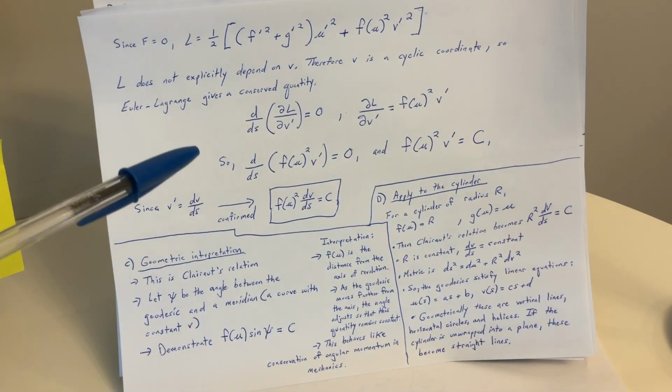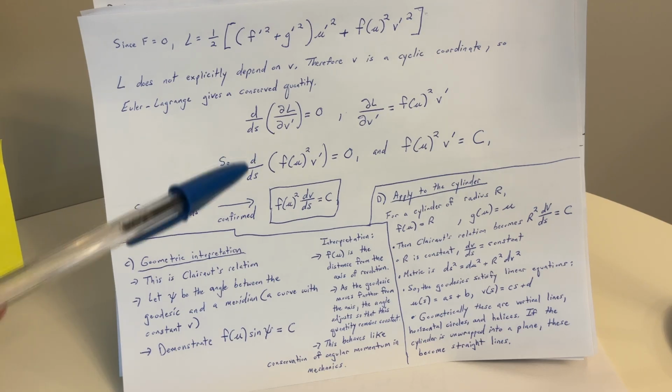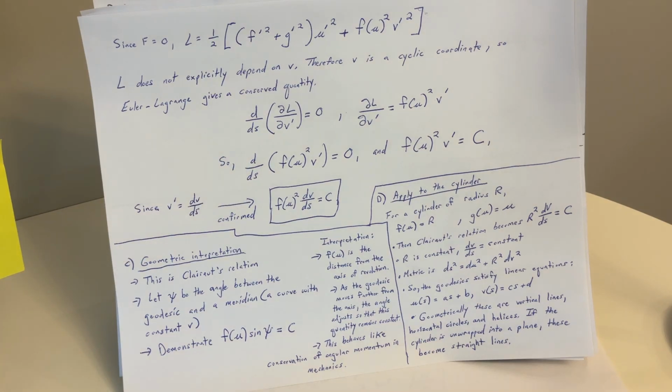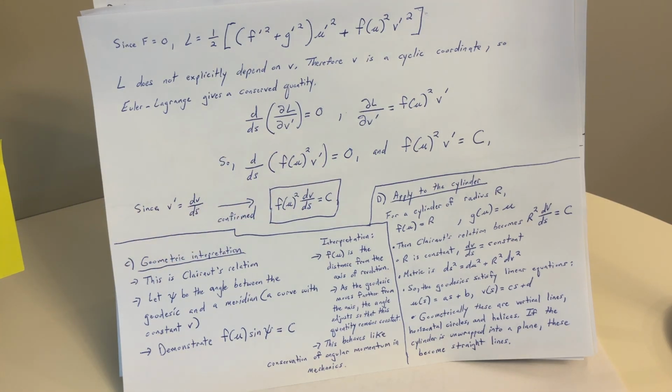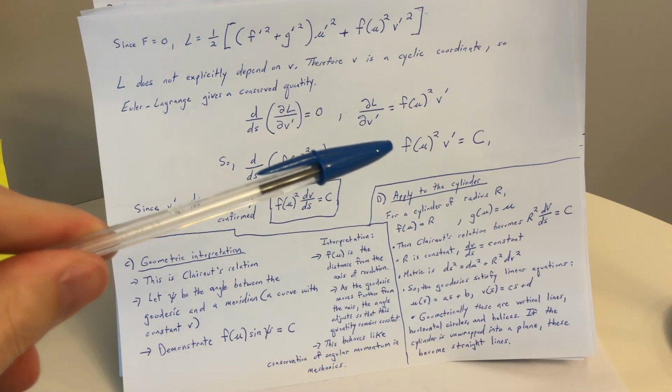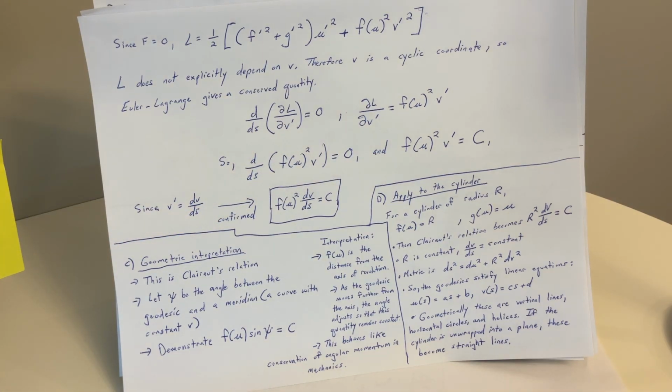So d/ds of f of u squared v prime also equals 0, and f of u squared v prime equals c. And since v prime is dv/ds, it's confirmed right there that f of u squared dv/ds is equal to c. So that'll take care of letter B.